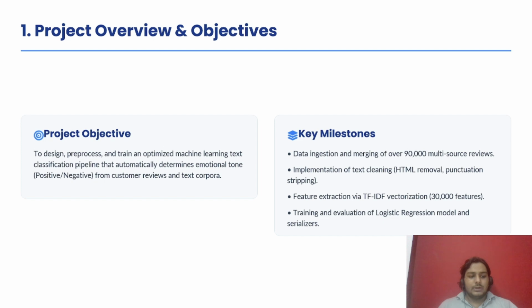Key milestones accomplished in this project include ingesting and merging a dataset exceeding 90,000 multi-source reviews, implementing a clean text preprocessing pipeline using regular expressions, extracting numerical features using TF-IDF vectorization restricted to 30,000 features, and training, evaluating, and serializing a tuned logistic regression classification model.